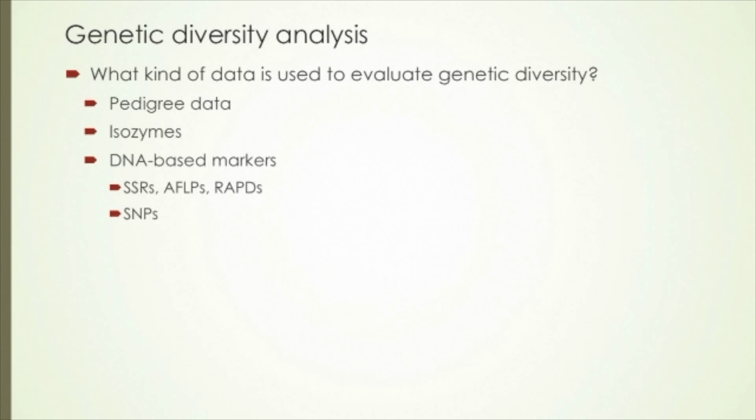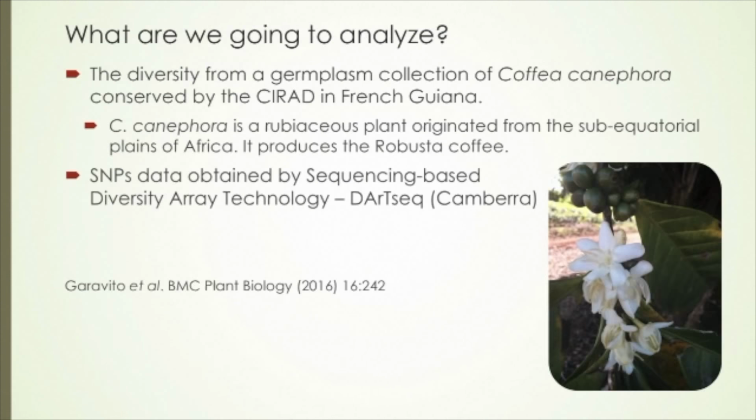These markers are very commonly used, but are being abandoned in favor of single nucleotide polymorphisms, or SNPs, that are very common in the genomes and are now very easy to evaluate thanks to next generation sequencing techniques.